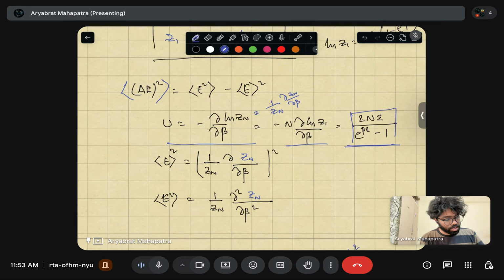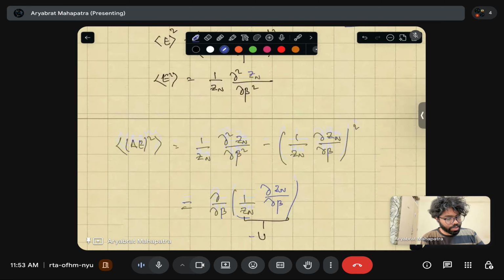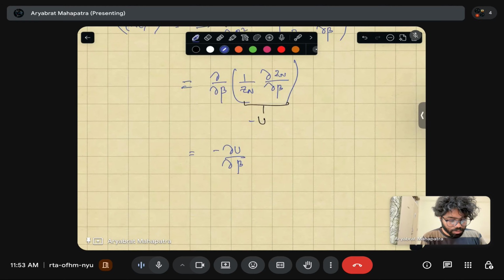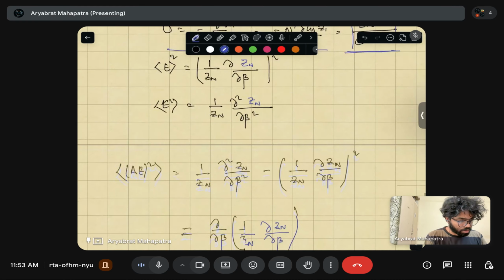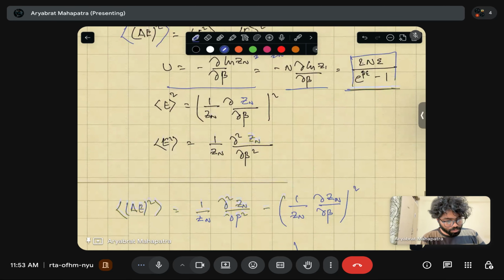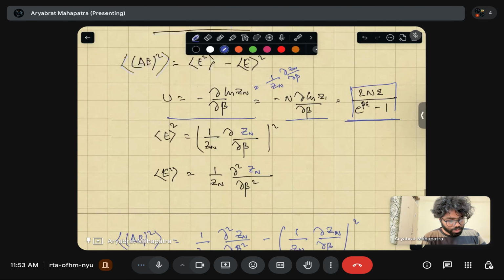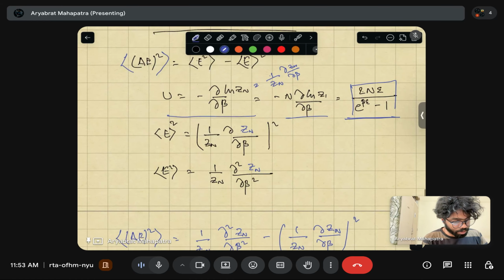So using this u, differentiating it with respect to beta, you can check this derivative you need to do.